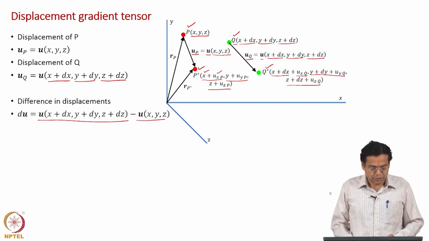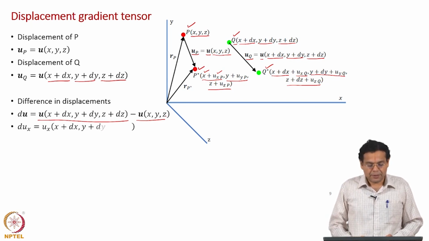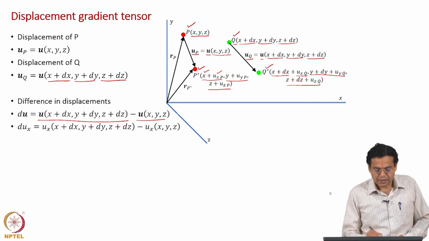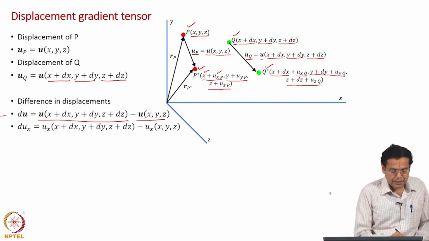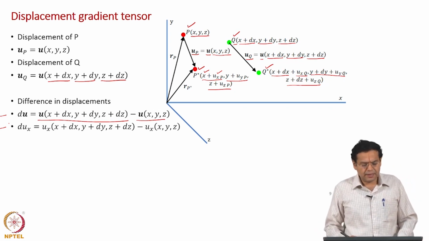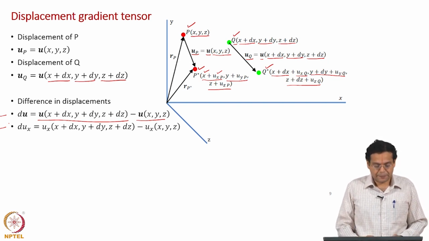So, let us now focus on the x component of the previous equation. What does this equation tell you? It tells you the difference in x displacement between p and q. This is the vectorial equation, and this is the x component of that. So, this tells you the difference in the x displacements of points q and p.